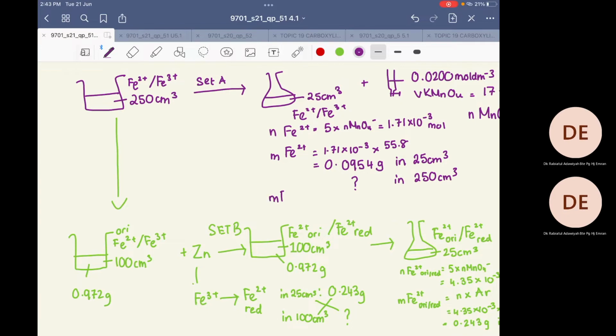So the mass of Fe2 plus only is 0.954 grams in 250 centimeter cube. So I can add this information now. I know that in here I have 0.954 grams of Fe2 plus.